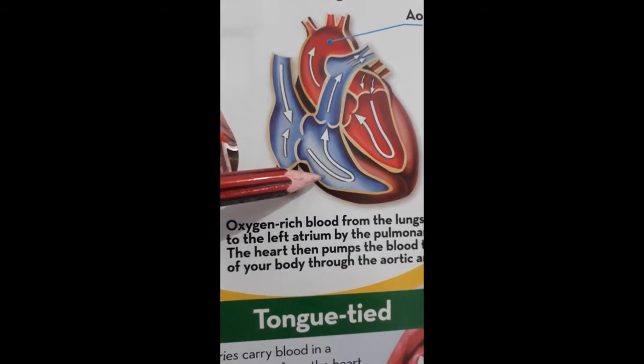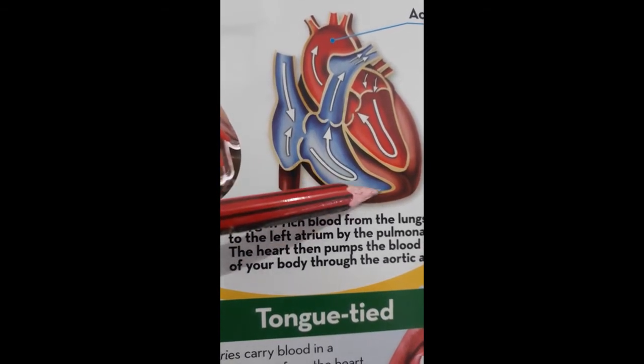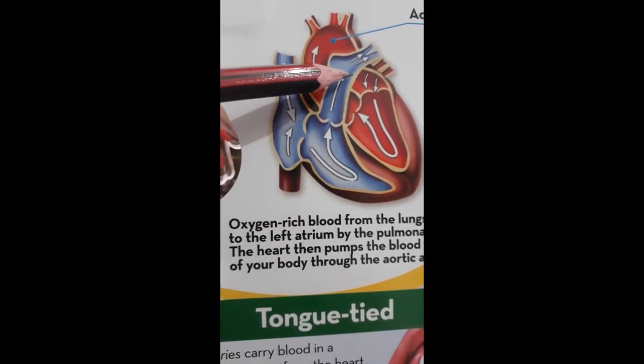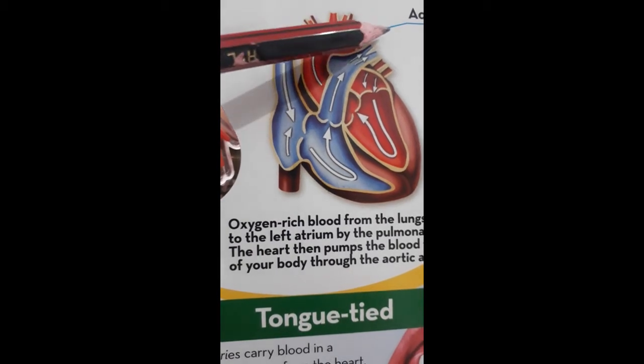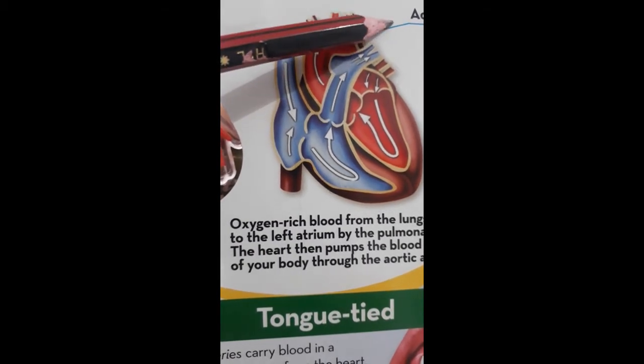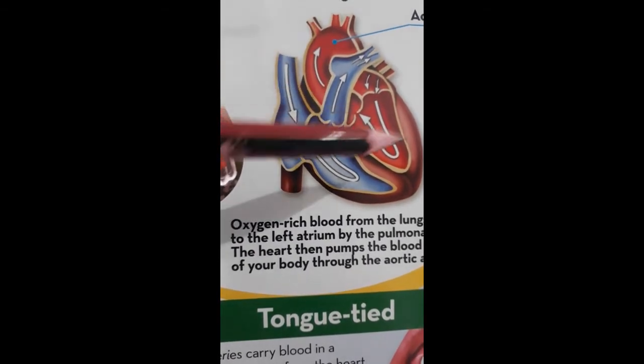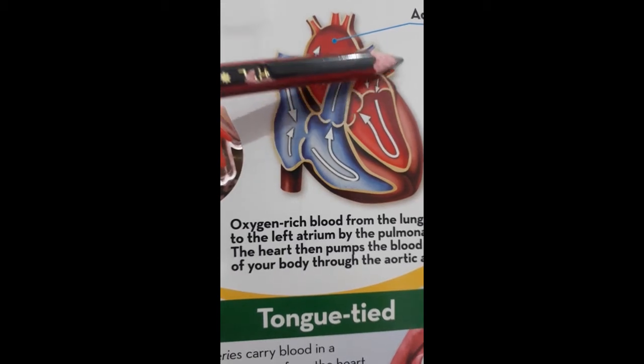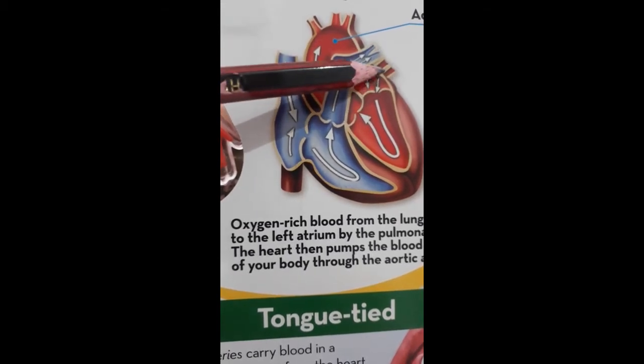From the lower chamber, that is the right ventricle, the blood enters into the lungs through the pulmonary artery. In the same way, here you can see another blood vessel in red color.